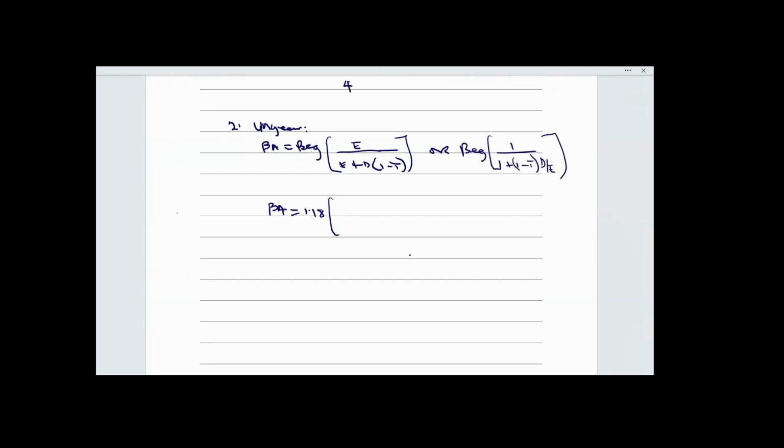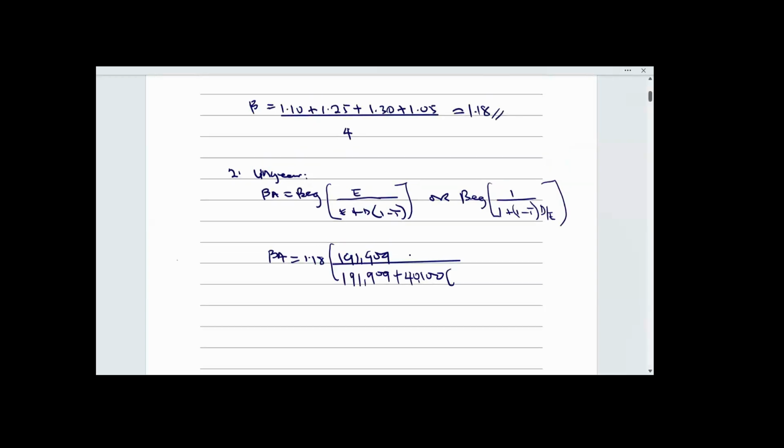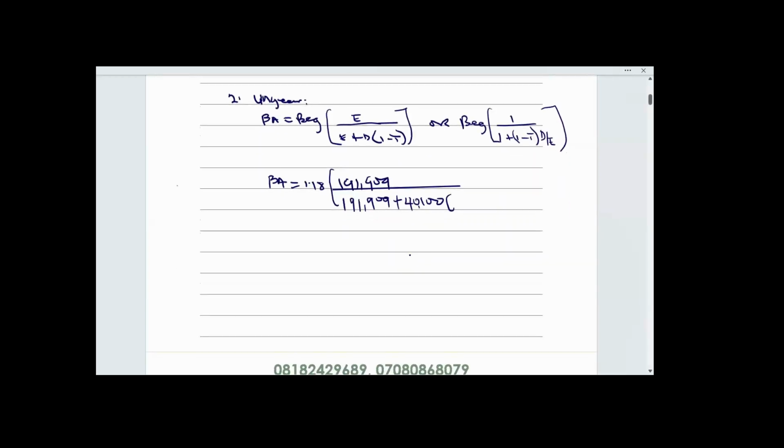Equity value of the proxy company is 191,909, divided by 191,909 plus the debt value of 40,100, multiplied by, what's the tax rate of the proxy company? 35%.